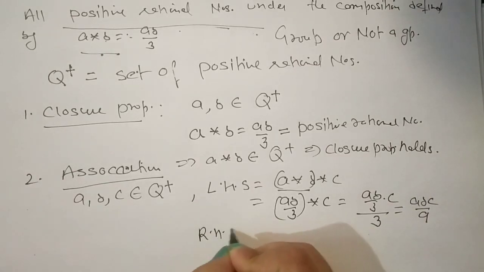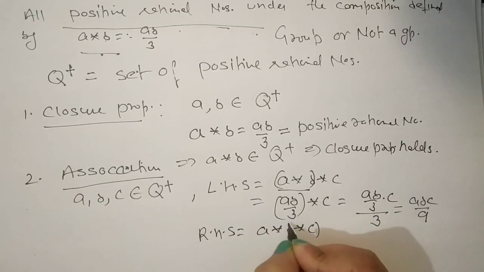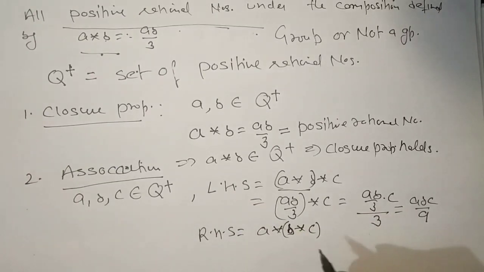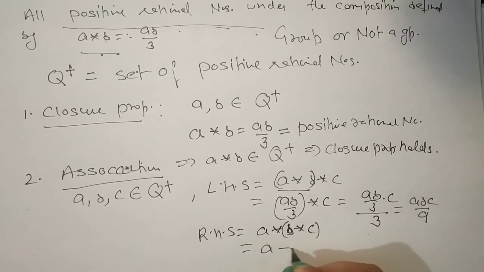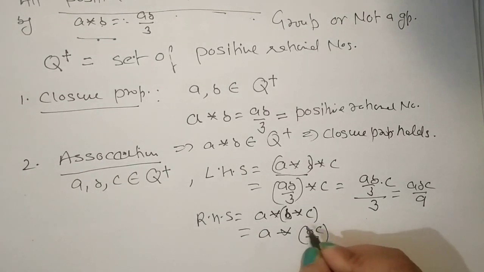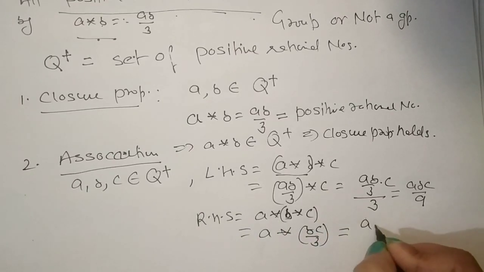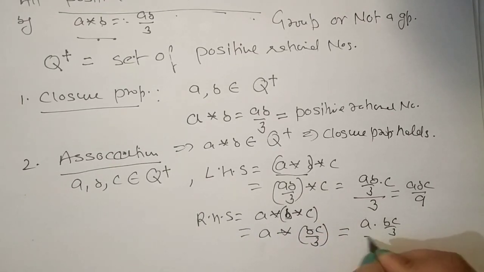Similarly, the right hand side of this property is A star (B star C), putting the bracket on the last 2 elements, we get A star BC upon 3. The answer of these 2 elements. Now this is the second element, this is the first element. The answer of this operation is A into the element divided by 3.